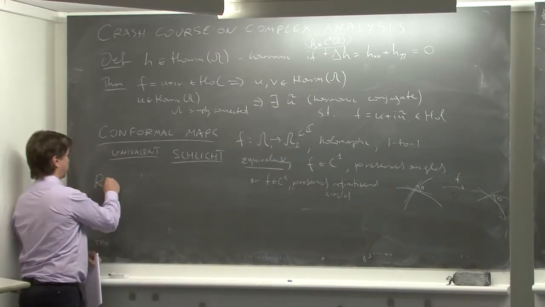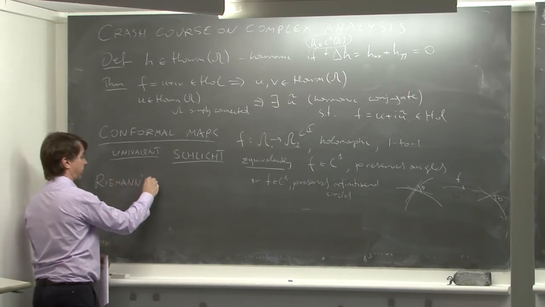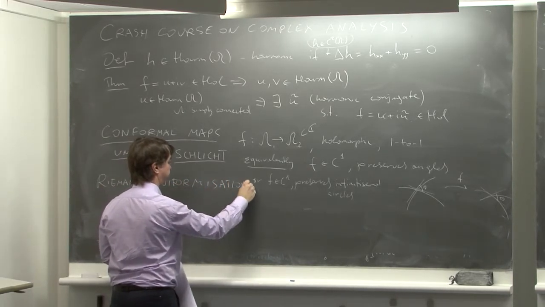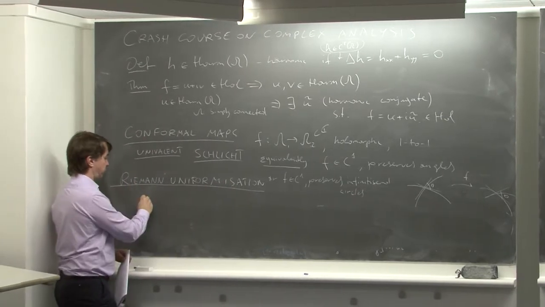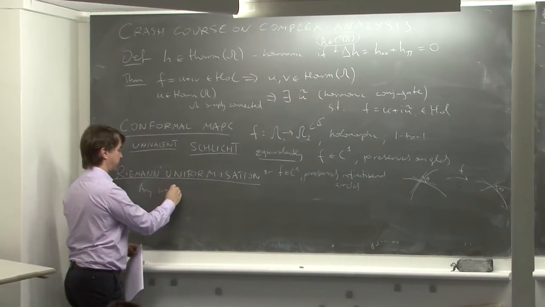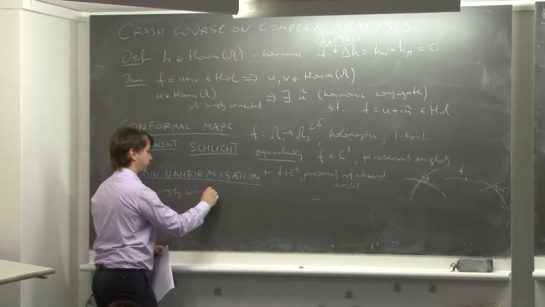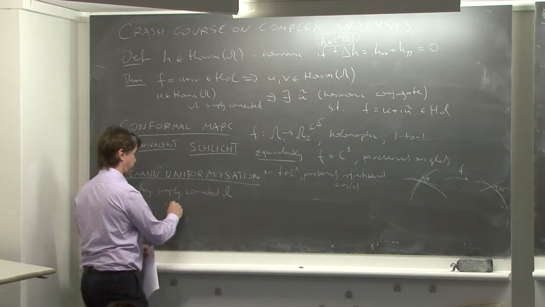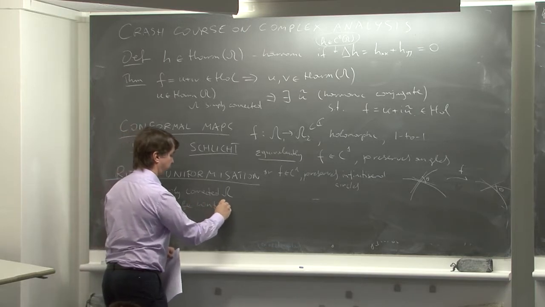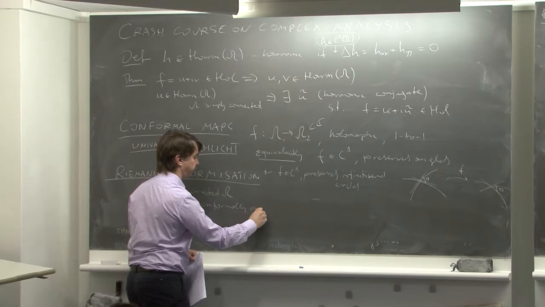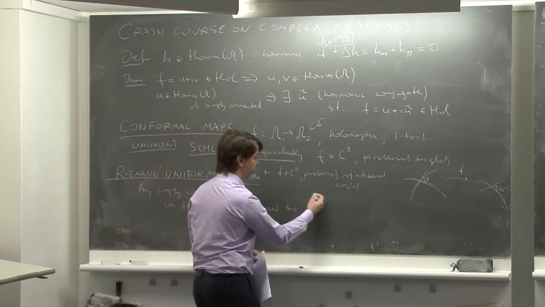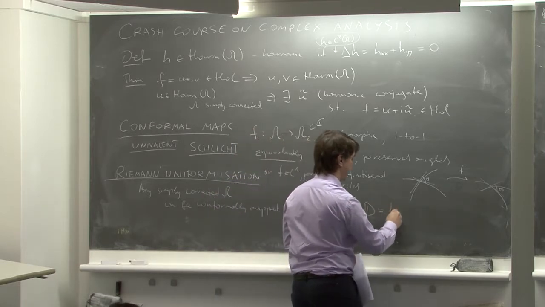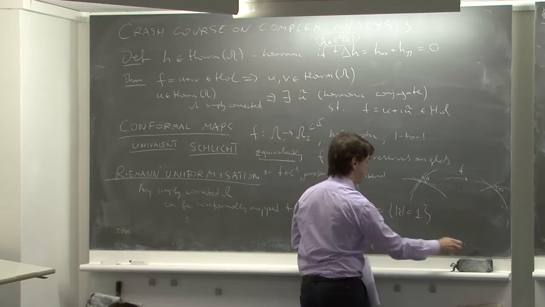It says that any simply connected domain omega can be conformally mapped either to the complex sphere, or to the complex plane, or to the unit disk, which is denoted by D.